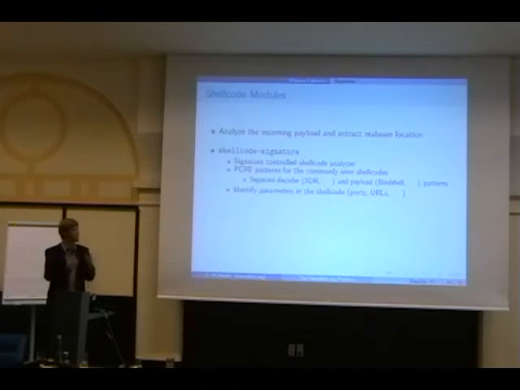Since patterns are separated into decoder patterns and payload patterns, it is really simple. Using, I guess, about 40 different shellcode patterns, you can analyze all shellcode that is out there in malware today for propagation. So that's sufficient.